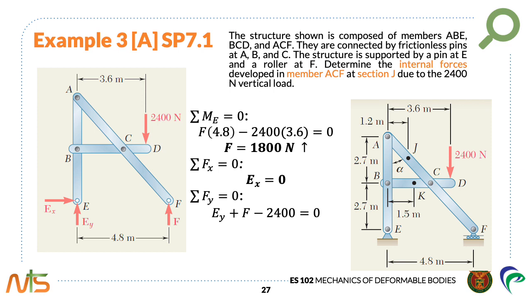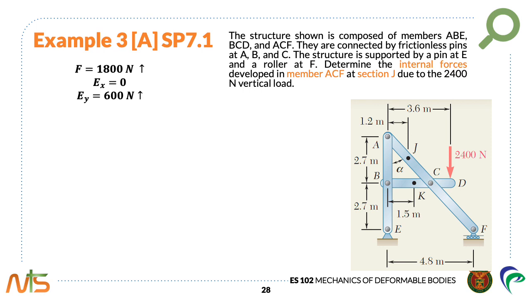Then equate it to 0. Given the value of F, we substitute in this equation, we have EY equal to 600 newtons going up. Going up since the scalar quantity is positive, so we retain the original direction.